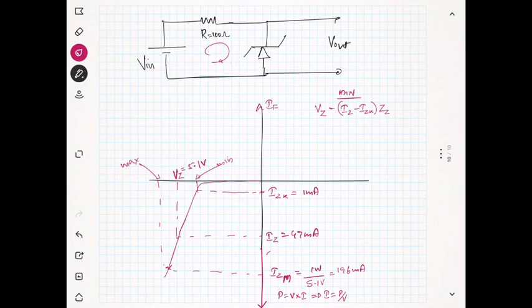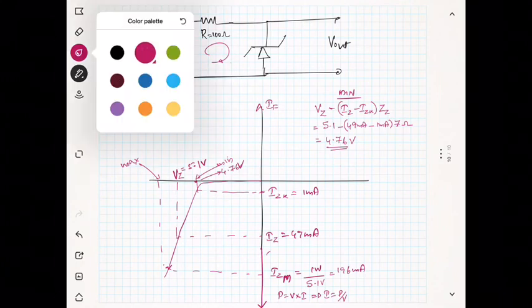What is Vz? Vz is 5.1 minus (49 milliampere minus 1 milliampere) into 7 ohms. You will get 4.76 volt.